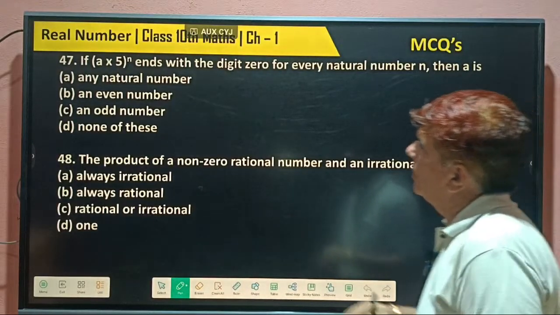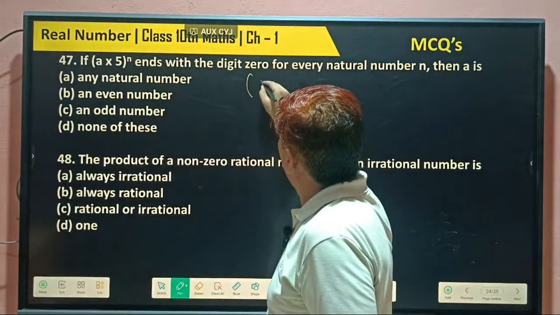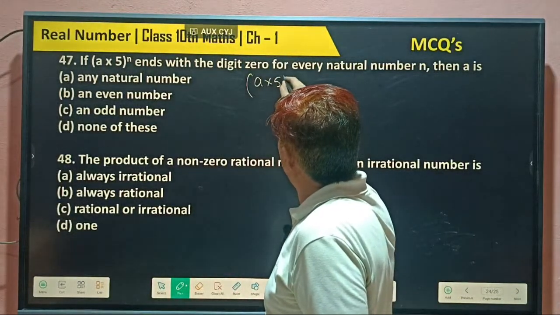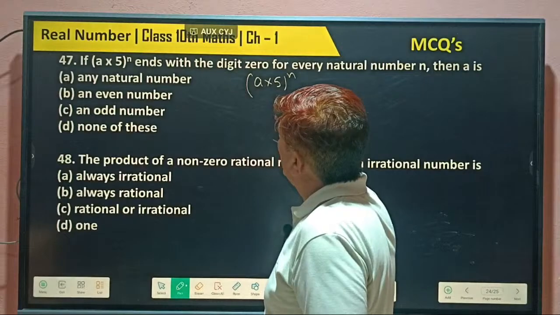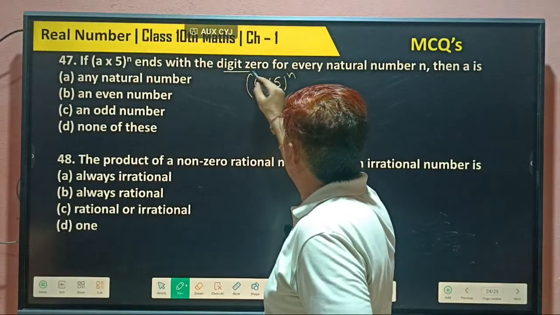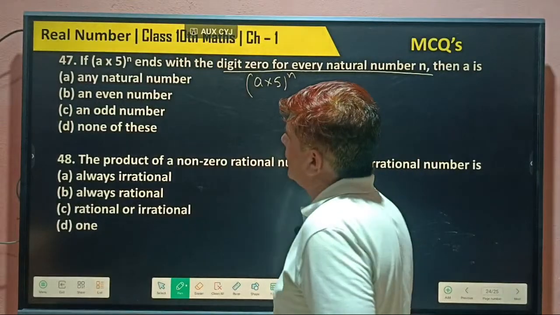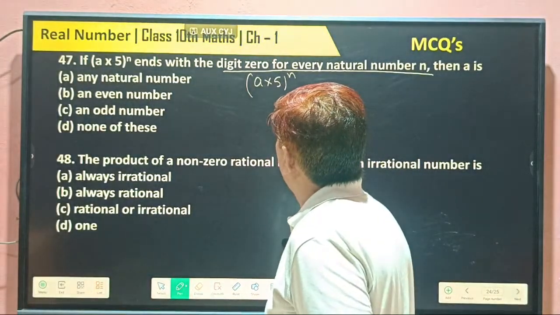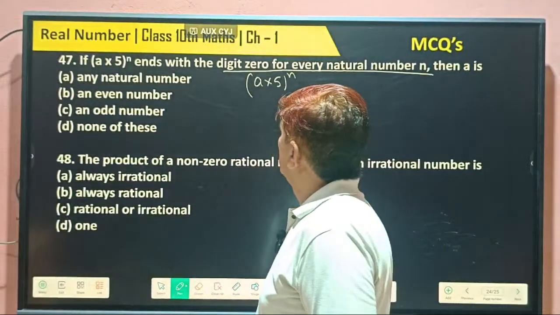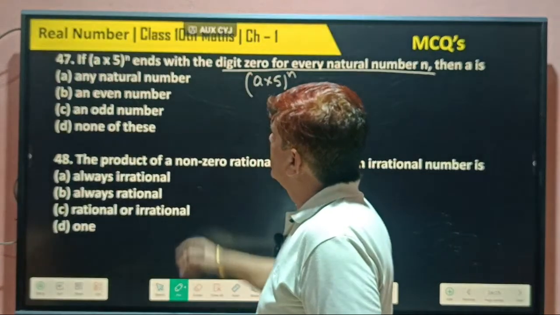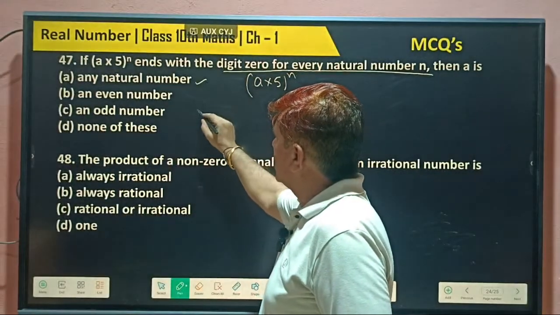If a into 5 power n, with the digit 0 for every natural number n, then a is what? Any natural number we can check.